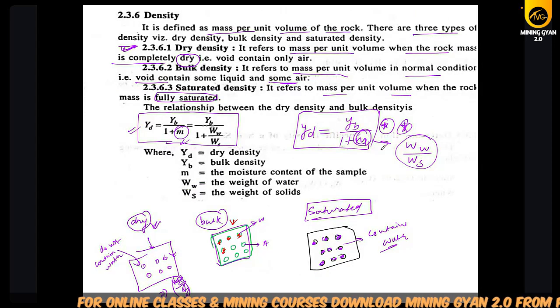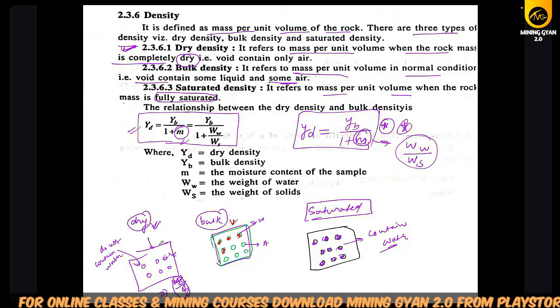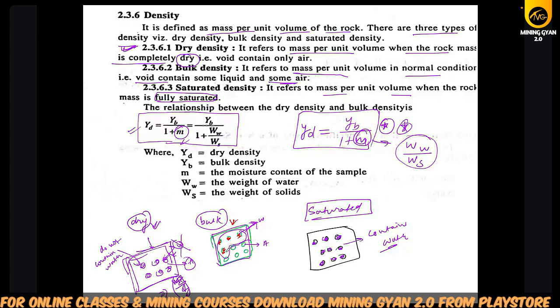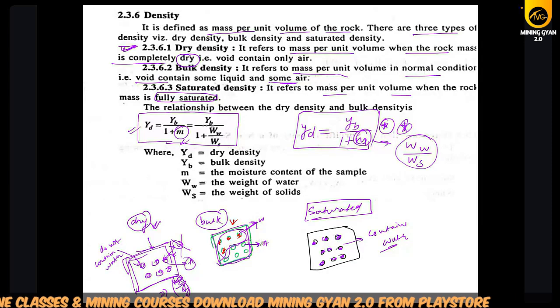If your block or sample has some voids, and all the voids do not contain water and are filled with only air, it is known as dry density. If some of the pores or holes contain some water and other holes contain air, then we call it bulk density.